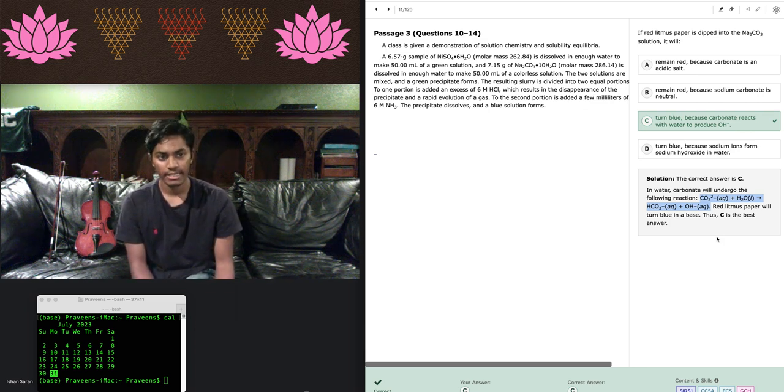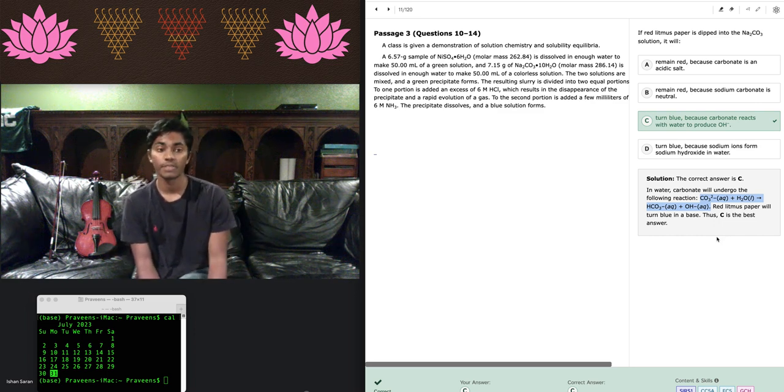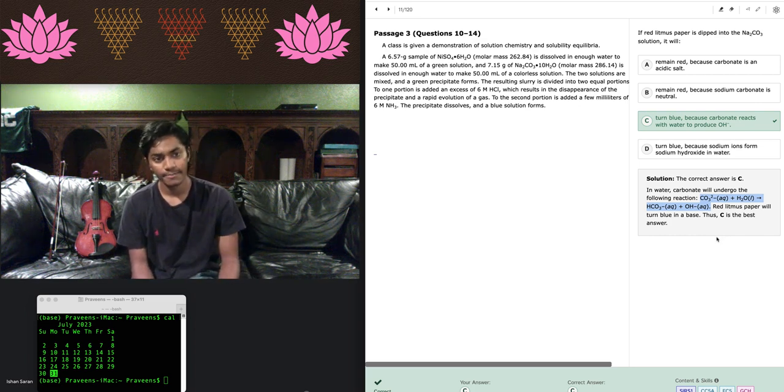CO3 2- is carbonate ion, and it's aqueous, which means it's in water, which means naturally, because of all the water around it, it will want to disperse its charge. The way in which it disperses its charge is by making HCO3- and hydroxide. That is a base.